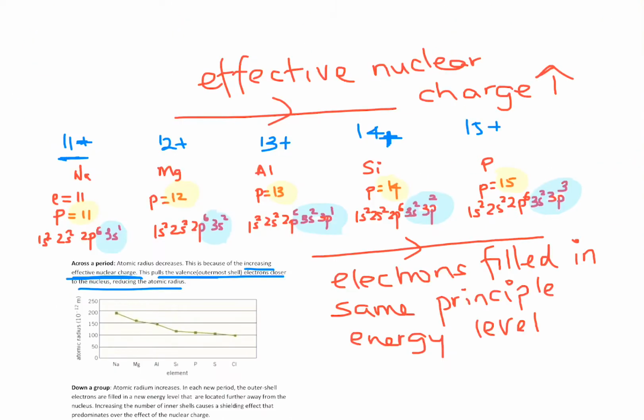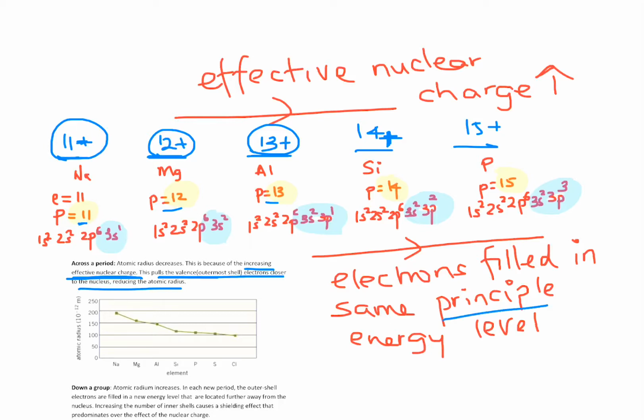So as you see here, the nuclear charge is increasing. So there's 11 protons, which is giving 11 plus, 12 protons giving 12 plus, 13 protons, 13 plus. So the effective nuclear charge is increasing, while for electrons, there's just 3 levels of electrons.